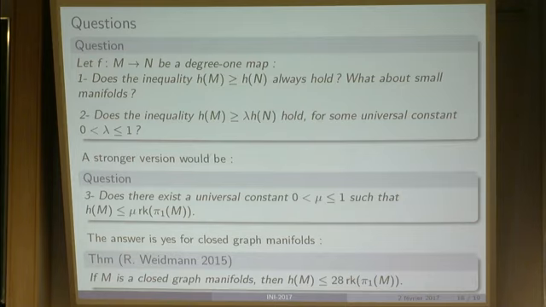This is related to some conjecture, I think, by Gaboriau. But at the moment it is not known, and this wonderful result of Richard Weidmann shows that it is true for graph manifolds. That's a wonderful result, and it's just a result about computing the rank of a cylindrical graph of groups.